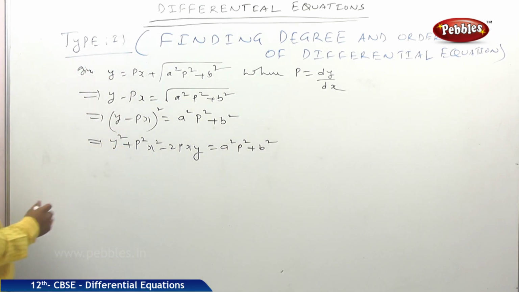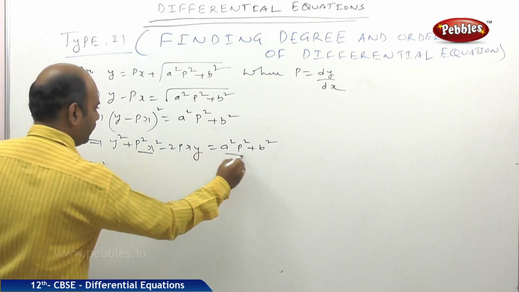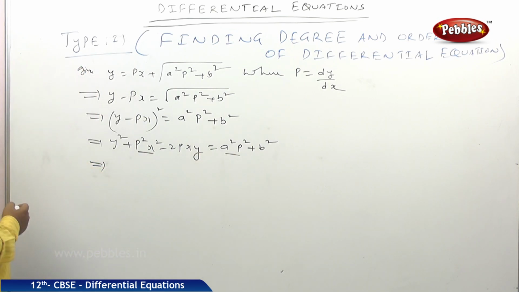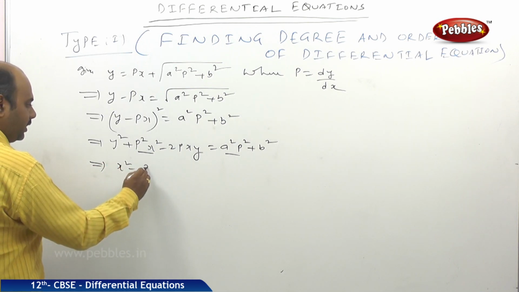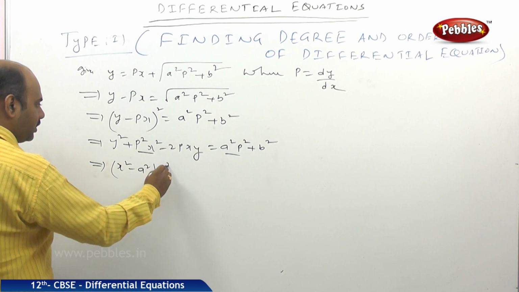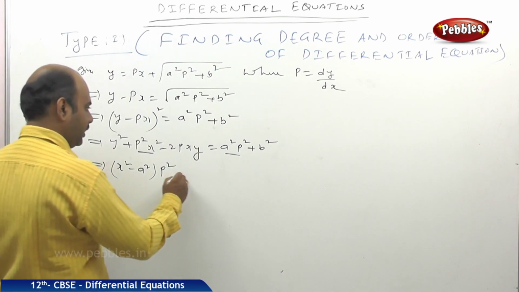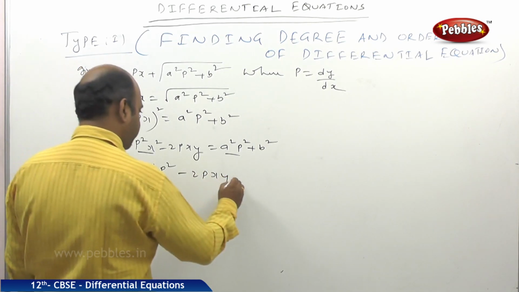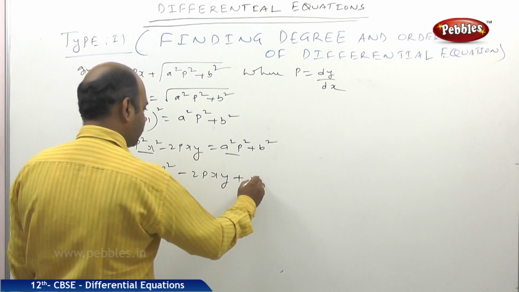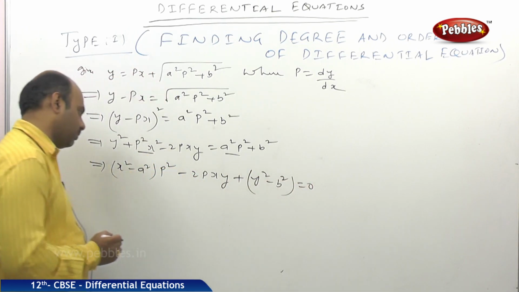So what happens? That implies, if you observe carefully, here I will take p square common, so there remains (x square minus a square) into p square, later minus 2pxy plus y square minus b square equal to 0.